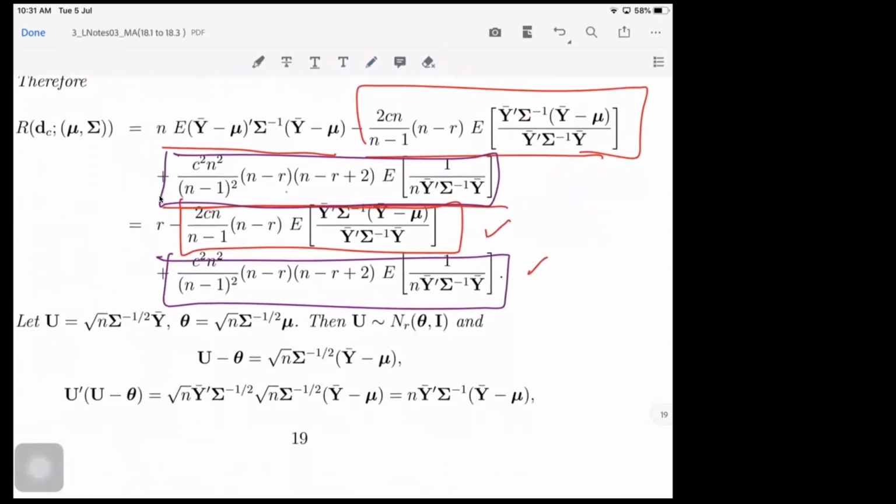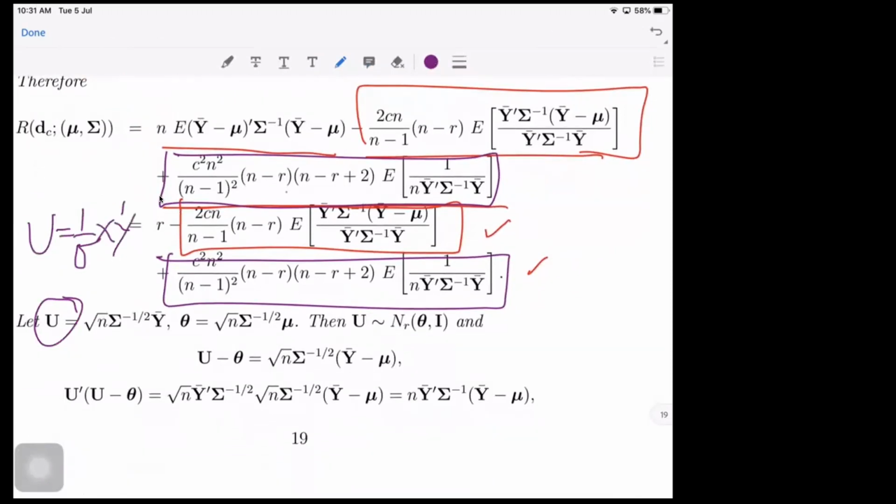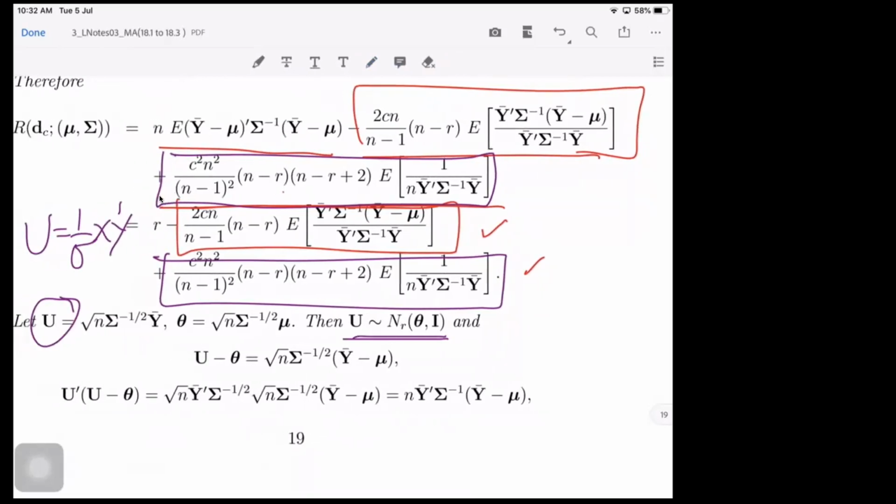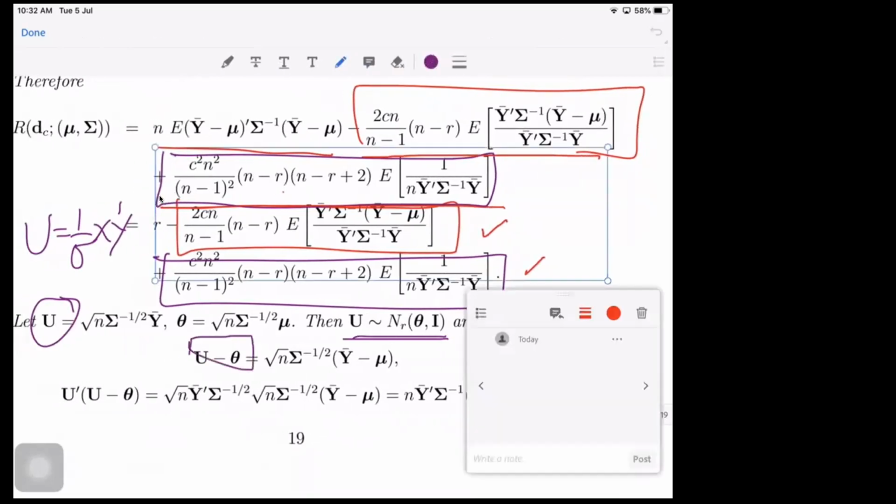And then we do a similar thing as we have done. Katong nag-define dito ta sa U na 1 over sigma X prime Y, no? In the univariate case. And then show that it is normal so that you can use katong lemma, no? Pangitaon nato si U minus theta. Pangitaon nato si U prime U minus theta.